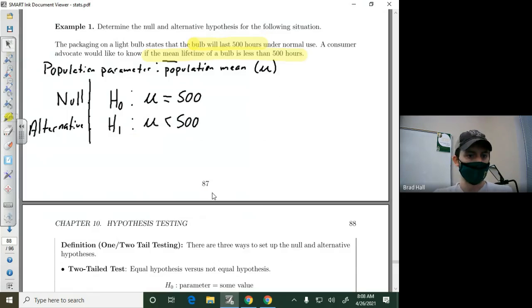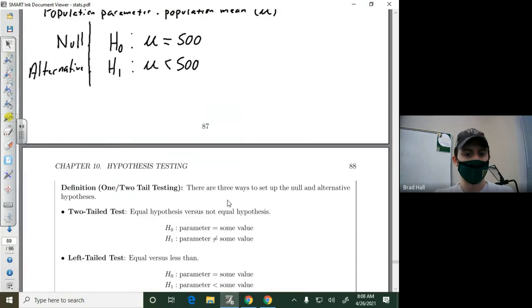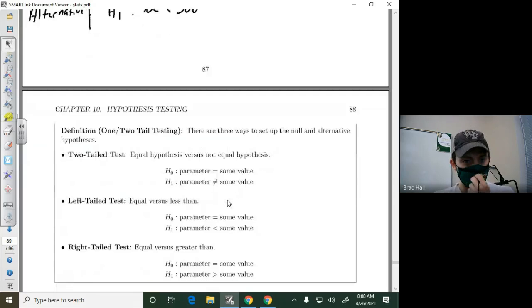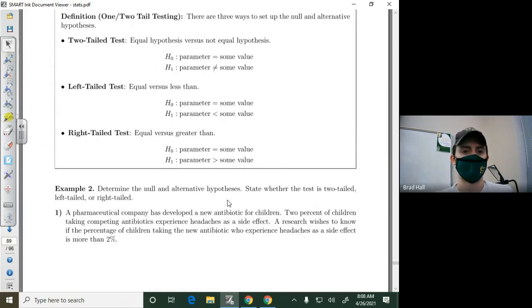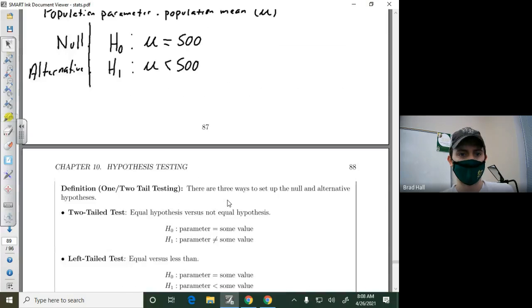Okay, let's move on to testing, which is really not much of an extension from what we were talking about. It's just a way of giving some label to a situation we might have. So the situation we had above, it was an equal sign and a less than sign.